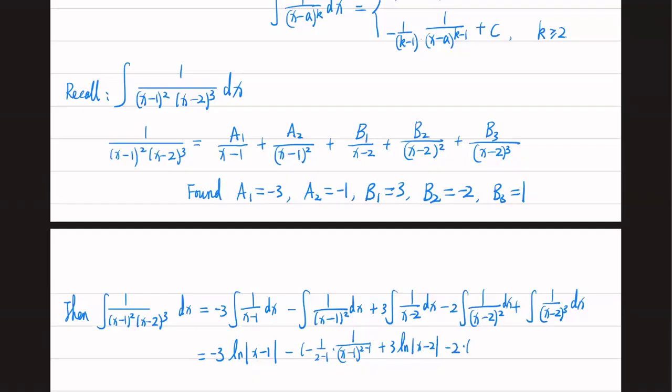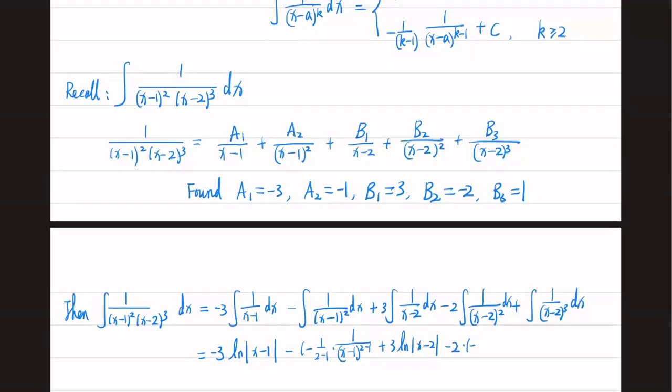So I'm going to copy this formula. In the process, I'm going to replace the k by 2. Negative sign. Not enough space. x minus 2 to the power 2 minus 1.